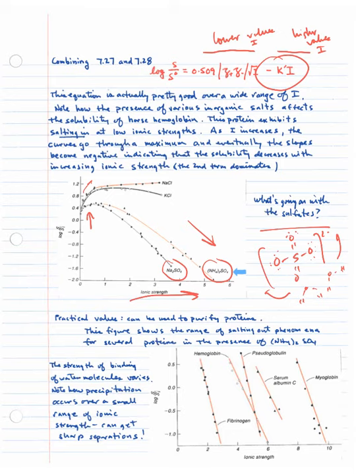The practical value of this effect is that it can be used to purify mixtures of proteins. I didn't write mixtures here, but I should have: purified protein mixtures. So this figure shows the range of salting out phenomena for several proteins in the presence of ammonium sulfate. On the left-hand side here, fibrinogen has a very steep salting out effect.